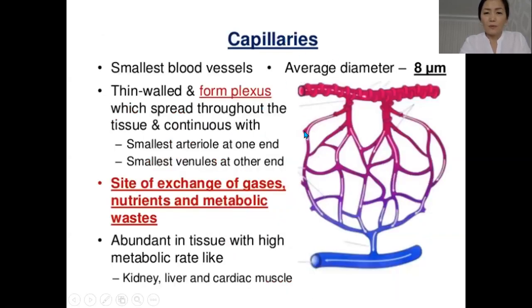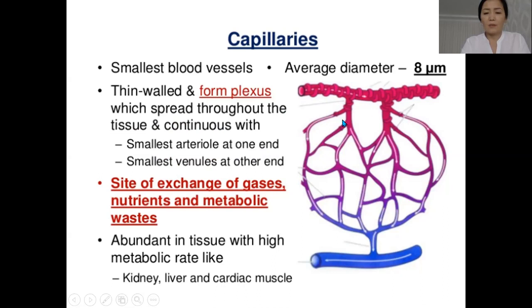Another type of blood vessels, capillaries. Capillaries are, of course, the smallest blood vessels. For example, this part is arteriole, this is venule. Capillaries continue with the smallest arteriole at one end, and with the smallest venule at the other end, this one.